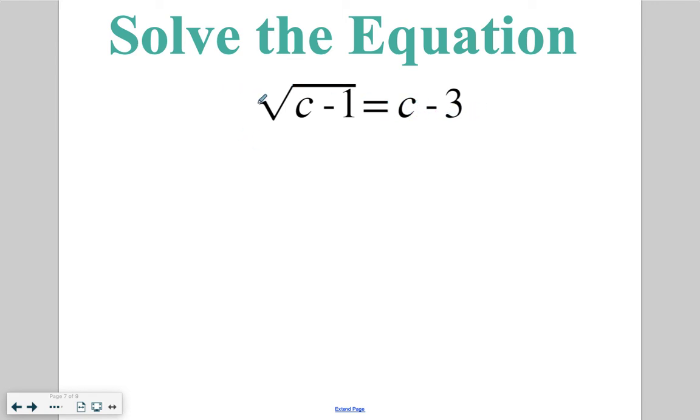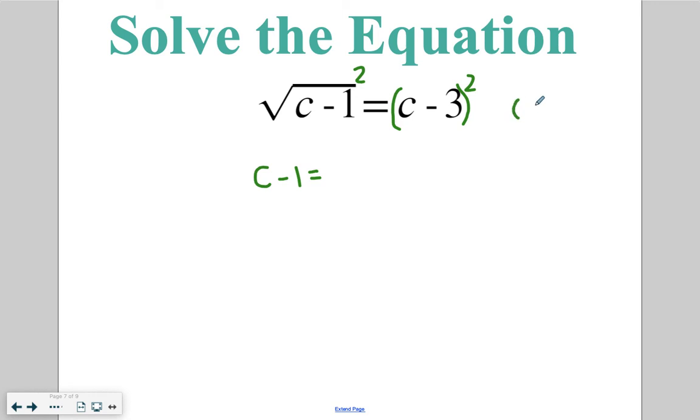Nothing outside of our radical, so I'm going to go ahead and square. We need to square this whole value. So again, square root and square cancel out, so I've got c minus 1 is equal to, when we're squaring, again, that goes back to that special case that we learned in chapter 7.